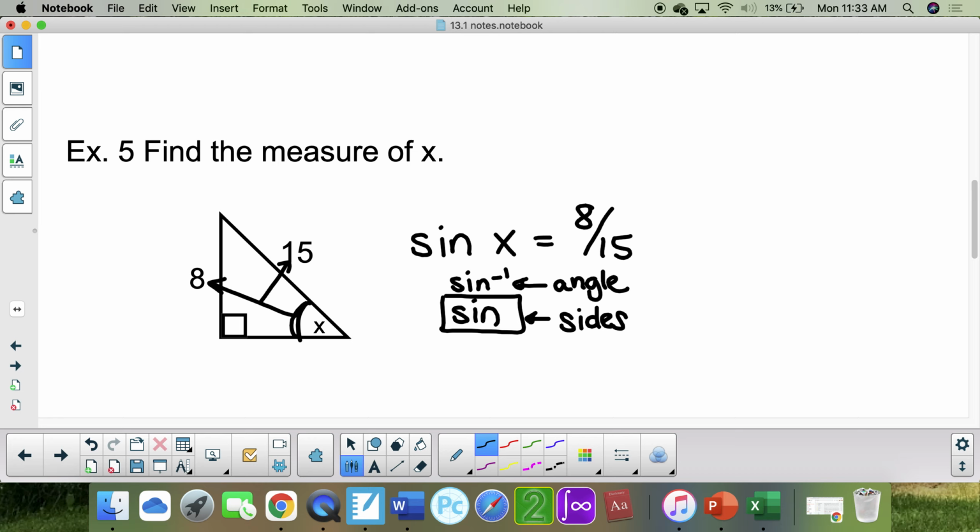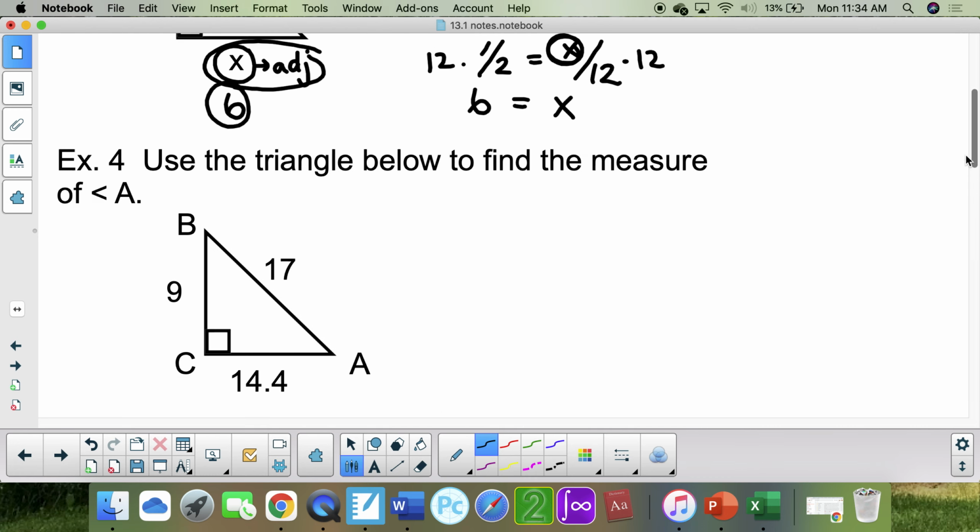So everybody hit your second sine button. When you hit your second sine button, this should now be in your calculator. And all you have to do is put 815 in there and put a parenthesis and hit enter. 32.2 degrees is what this is. Go to the nearest tenths. 32.2 degrees.